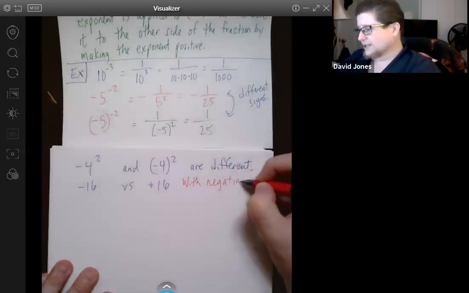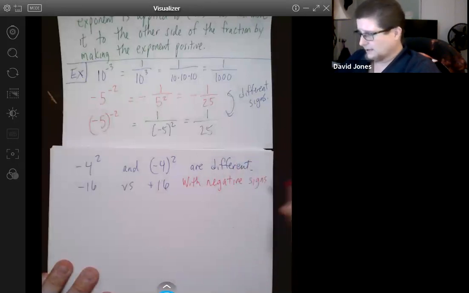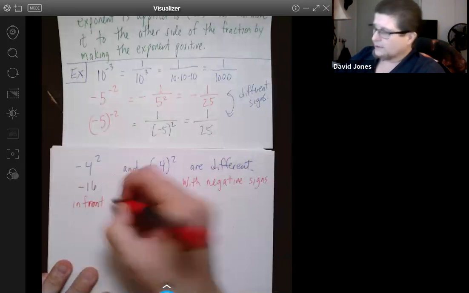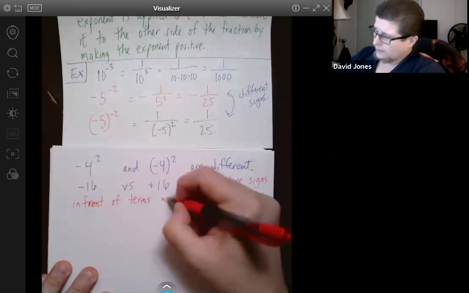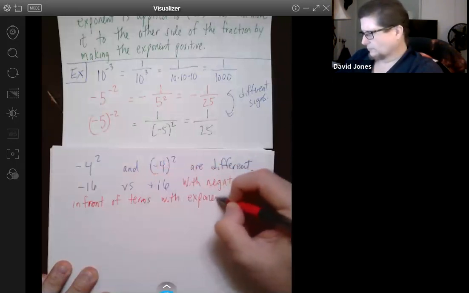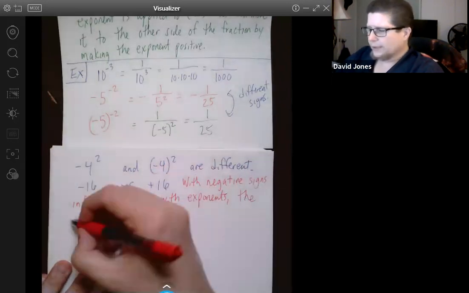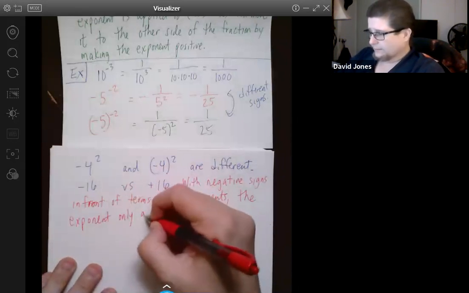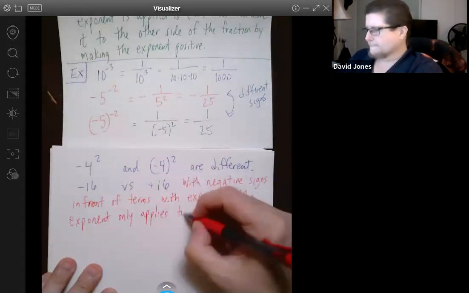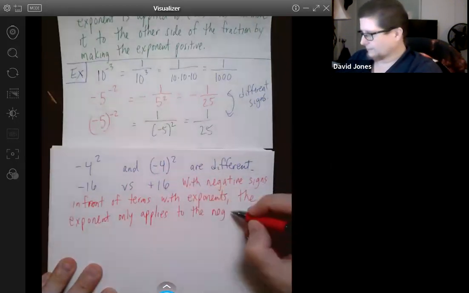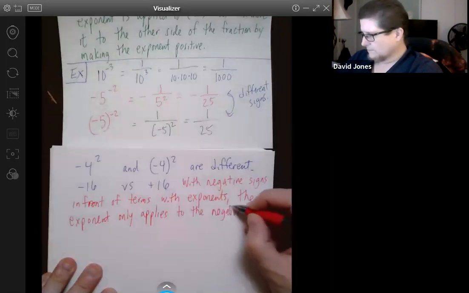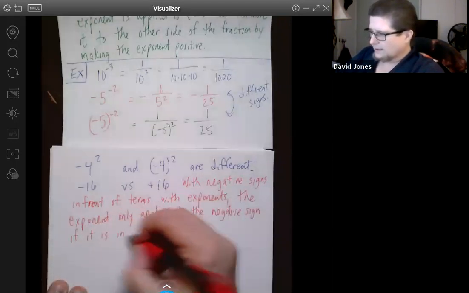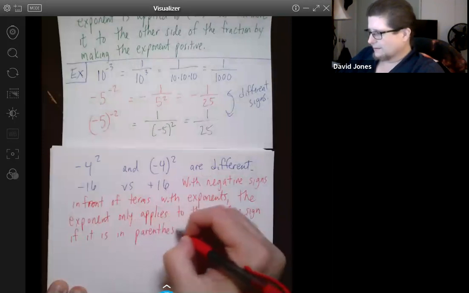With negative coefficients or negative signs in front of terms with exponents, the exponent only applies to the negative sign if it's in parentheses. Okay?